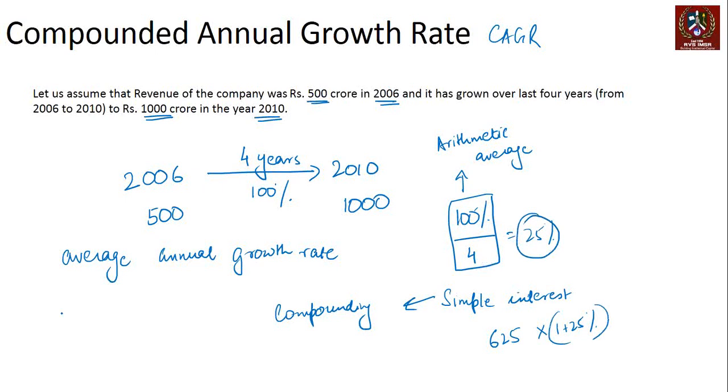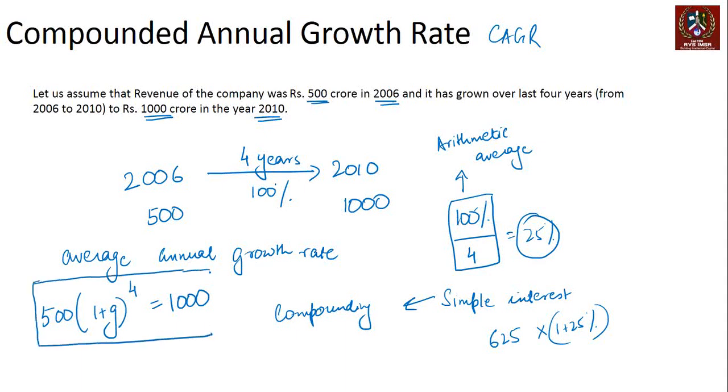What we are essentially saying is that we have to identify what is the growth rate at which 500 grows over 4 years and gives me the future value of 1000. So in a technical sense, that's the equation we are trying to solve for. And if we solve for the growth in this equation, the final answer that we get for growth is what is known as the compounded annual growth rate.